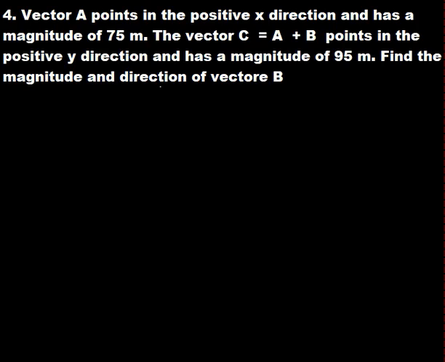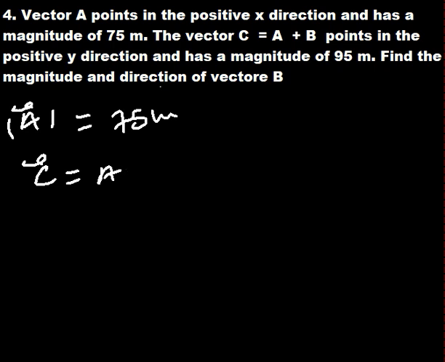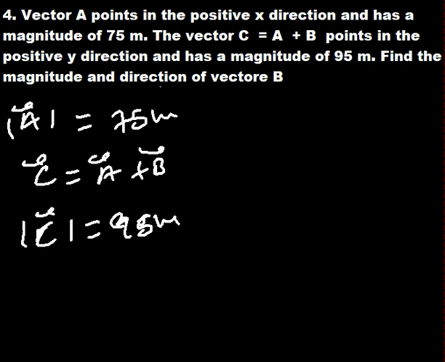Let's say we have this question: a vector A points in the positive x direction and has a magnitude of 75 meters, and we have the sum of the two vectors, vector A plus vector B, which is vector C, with a magnitude of 95 meters, in the positive y direction.